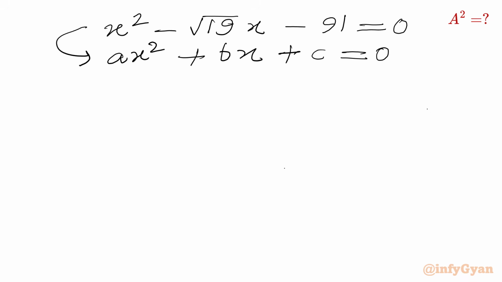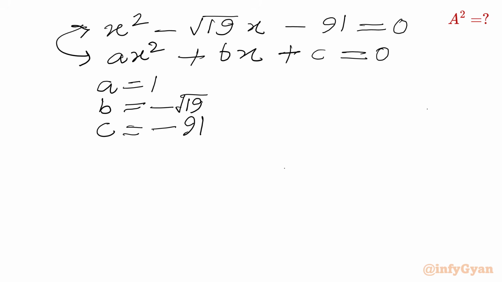Comparing the coefficient of x square, we write a equal to 1. Comparing the coefficient of x, we can write b equal to minus square root 19. Comparing constants, we get c equal to minus 91.